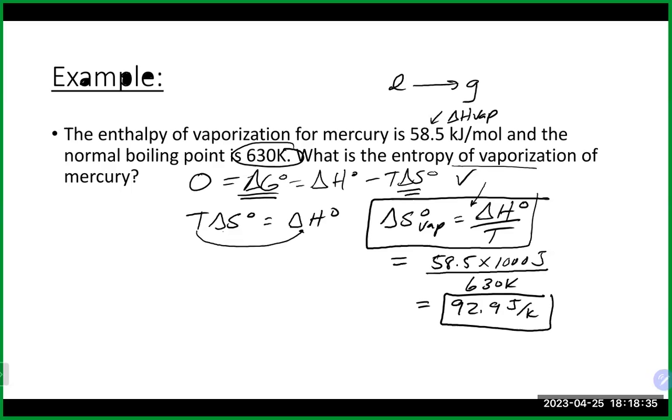It is a positive value, which is what we would again expect here. Going from the liquid to the gas, we're definitely increasing the amount of disorder. So our delta S should reflect that as being a more positive number.